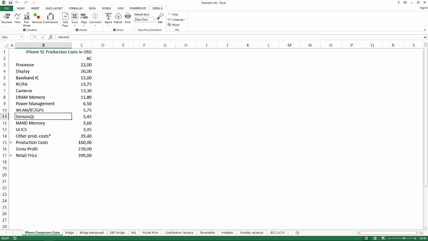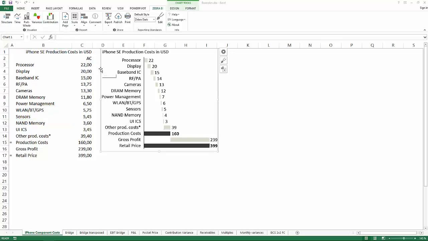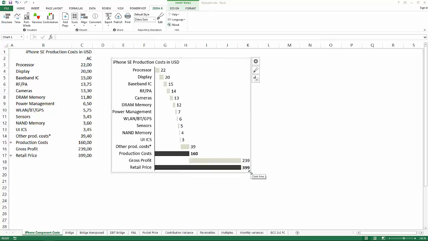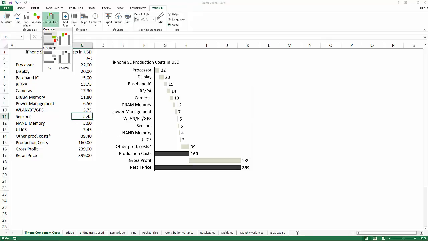So how do you insert a waterfall chart? Yeah, these are waterfall charts here. With Zebra BI, it's really straightforward. I mean, simple, just getting any type of waterfall chart takes one click, right? So you see here we have the 2 types of charts that I was talking about: the variance one, with the red-green elements, and the structure one.